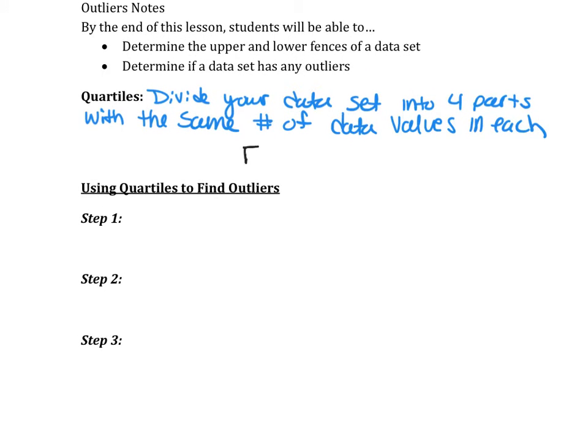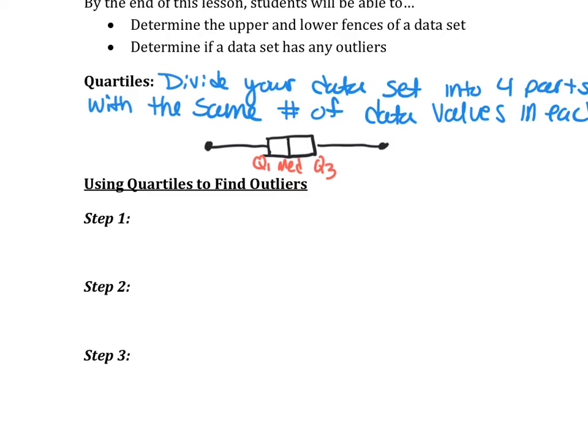So when we have our box plot, we talked about with our 5-number summary on Monday, the box is made up of Q1, our median, and Q3. The median, again, is also called Q2 sometimes. But again, these quartiles are just breaking up your data into 4 equal parts.